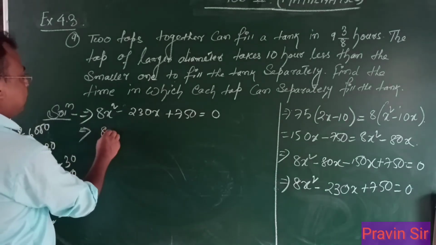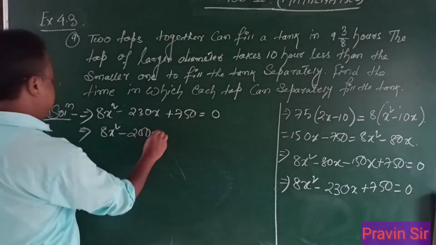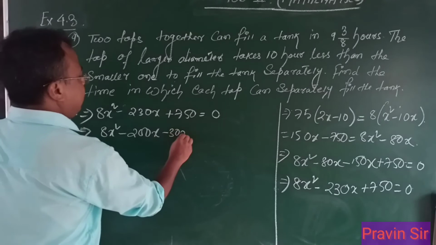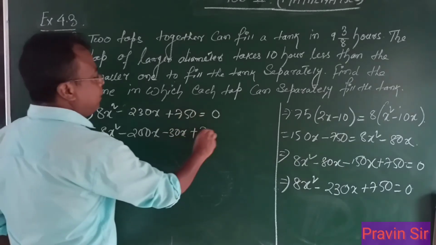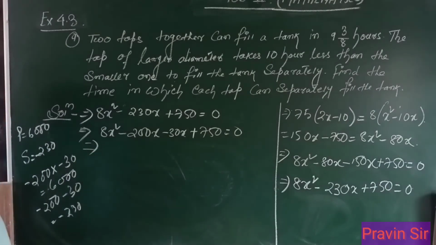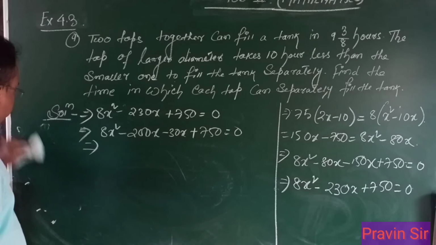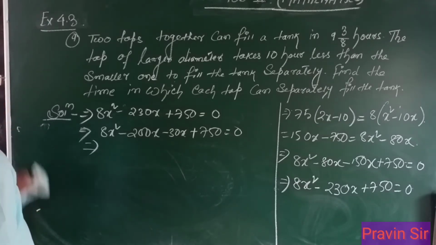So in place of 230x you can write minus 200x, then minus 30x, then plus 750 is equal to 0. So now what is common here?